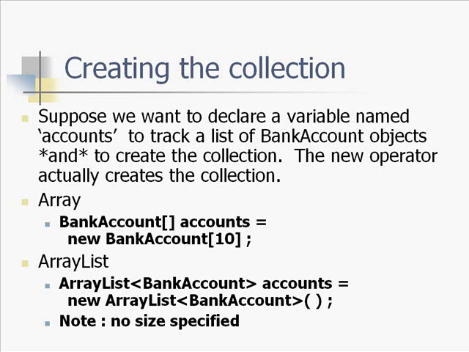That 10 could be a literal or a variable, but it has to be known at the time that line of code is executed. The next way is the array list, where if you notice there's no size specified. We just say ArrayList of BankAccount, named accounts, equals new ArrayList of BankAccount. Notice the left and right parentheses. That looks like a constructor, and it is.